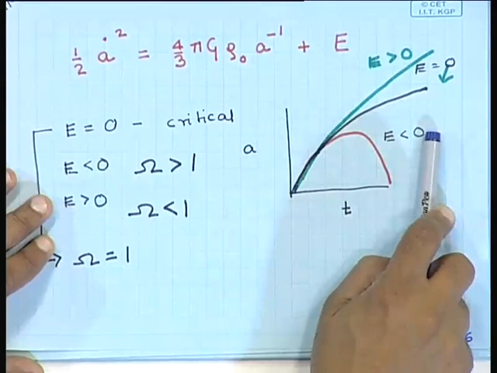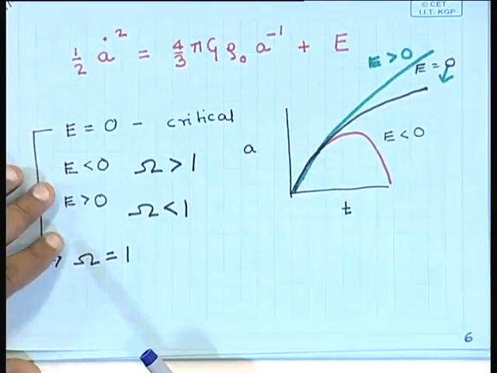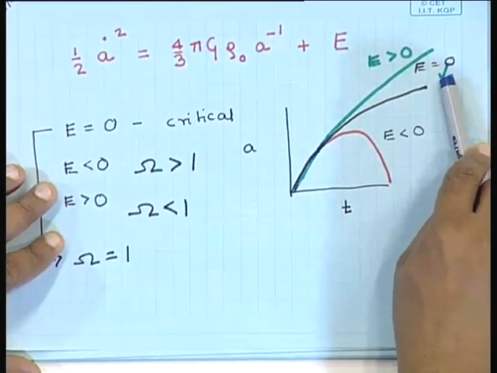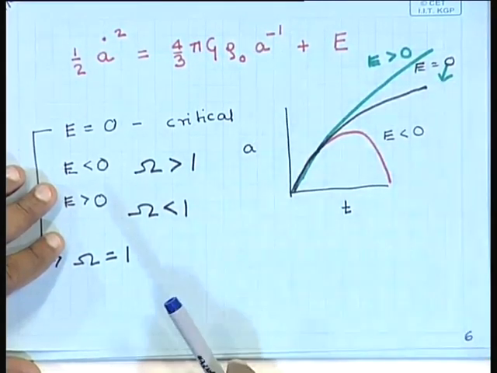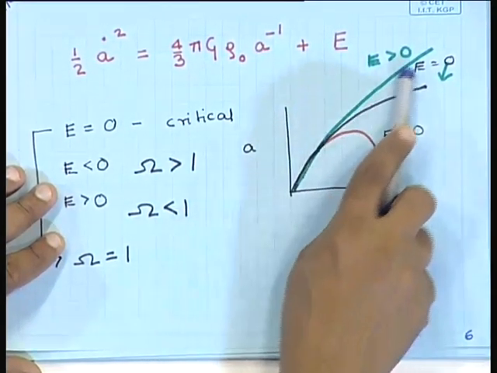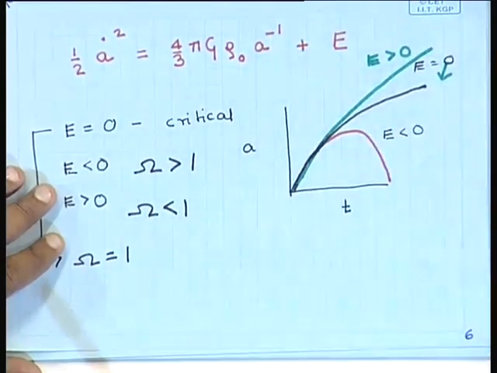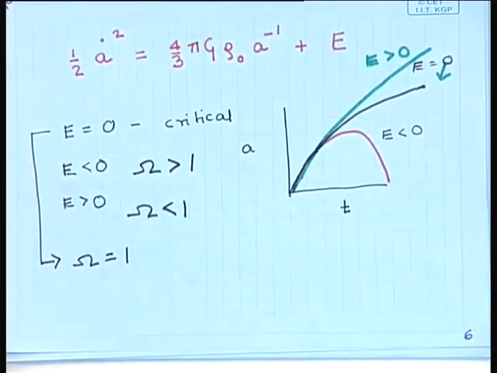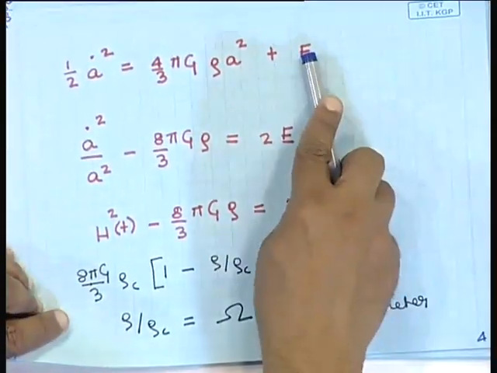If E is 0, it is like a ball with just the escape velocity, so the expansion will go all the way to infinity, but it will come to rest at infinity. And if E is positive, it will have a finite velocity at infinity. These were the three possibilities, and which possibility we have depends on the value of E.